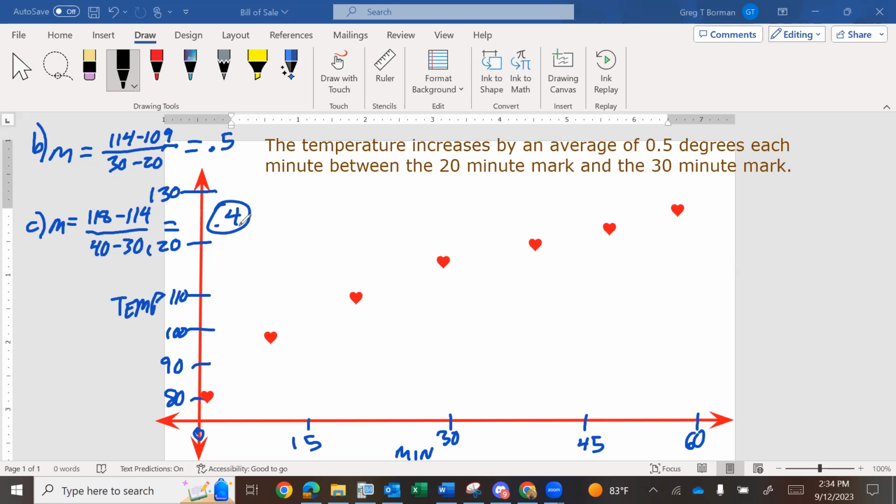Oh, we got a different answer. Okay, cool. So my explanation is going to be very similar. All I'm going to do is say the temperature goes up an average of 0.4 degrees each minute, because it's different each minute, between the 30-minute mark and the 40-minute mark.